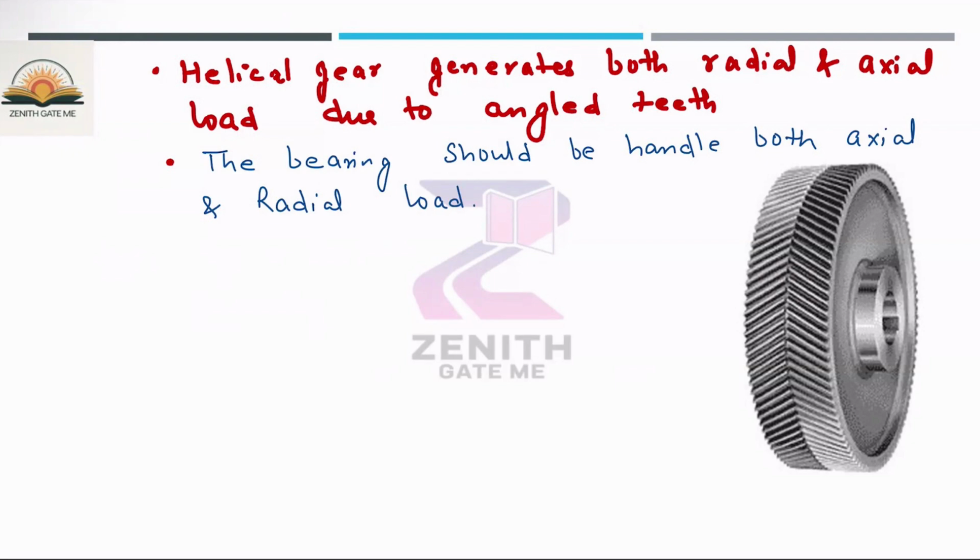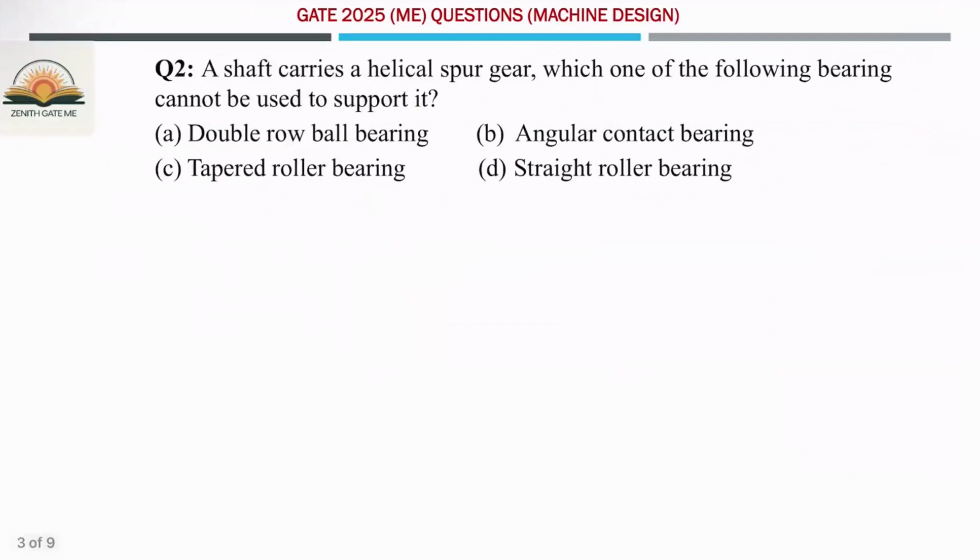So you have to use the bearing which can handle both axial and radial load. Now, if you see the four options, the first option is the double row ball bearing. The double row ball bearing is basically handling both types of load. That means a radial load as well as some axial load. Similarly, the angular contact bearing is also specifically designed to bear both types of load, the radial load as well as the axial load.